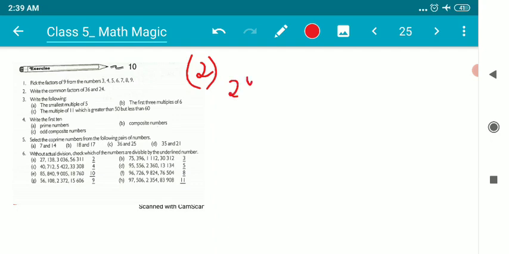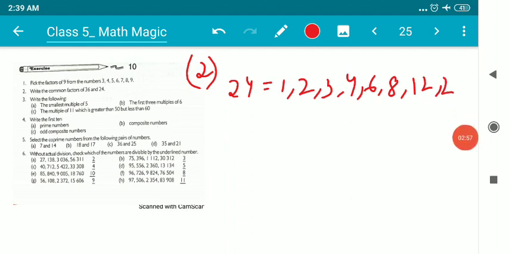The factors of 24 are 1, 2, 3, 4, 6, then 8, then 12, after 12, 24 itself. These are the factors of 24.